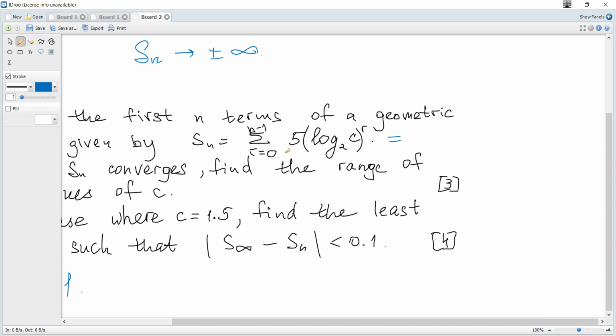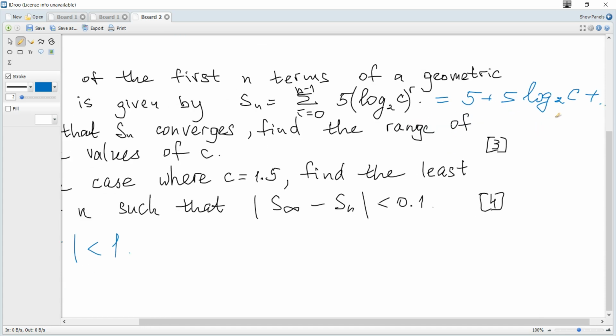The first possible value of i is 0, so substituting 0, we get 5, plus 5 log 2 C, and so on. It's quite clear that the common ratio is the second divided by the first, which is log 2 C, and the first term is 5.